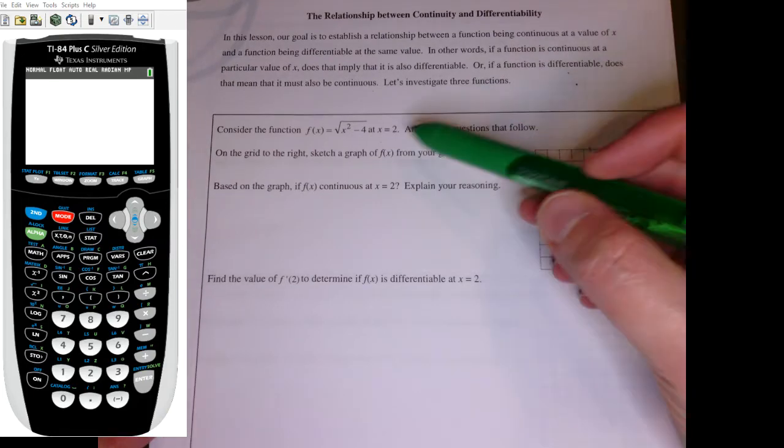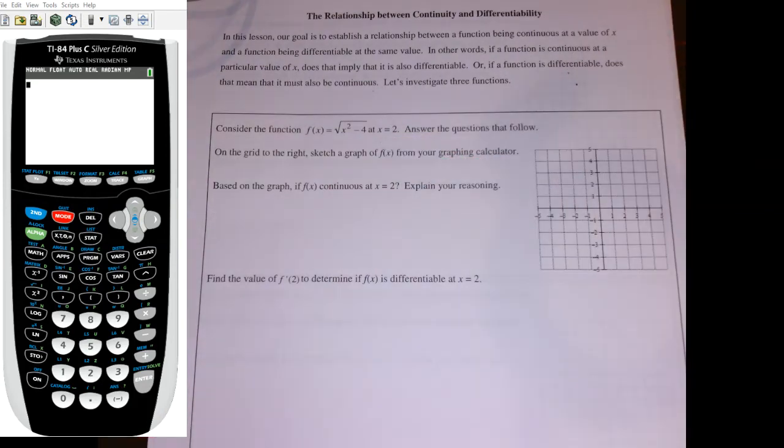We're going to begin by graphing them, and I've got my graphing calculator to be able to do that. So let's put this in the graphing calculator to be able to see what exactly the graph looks like. So get the square root of x squared minus 4, and we can graph that.